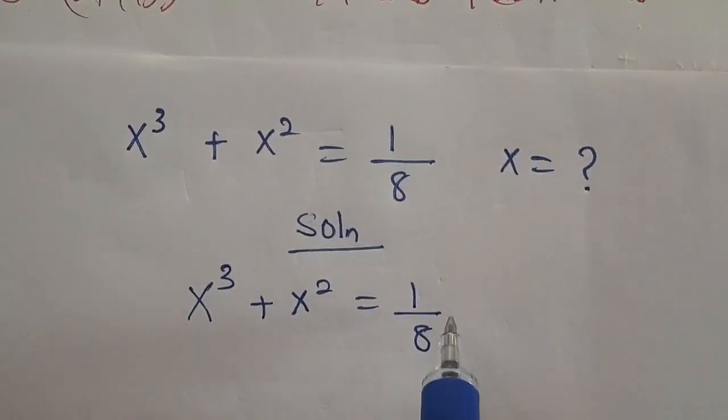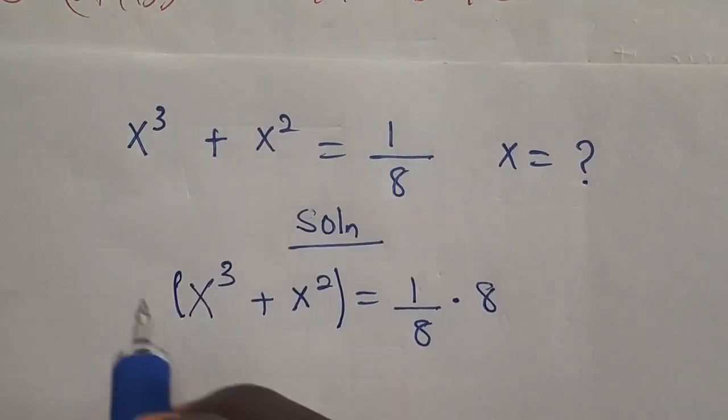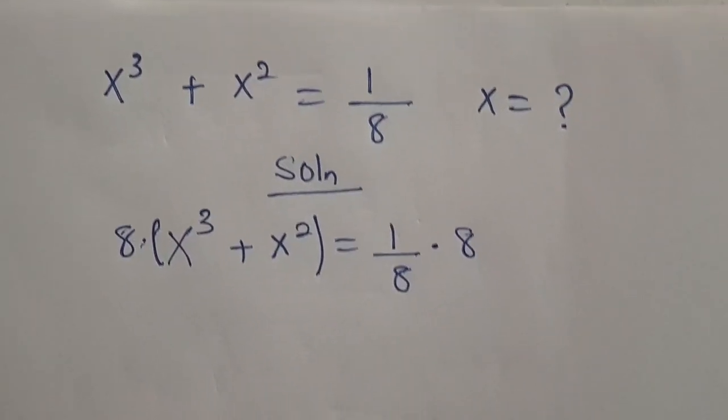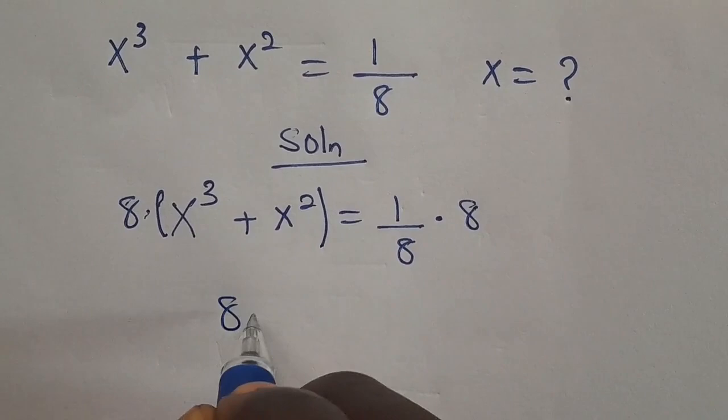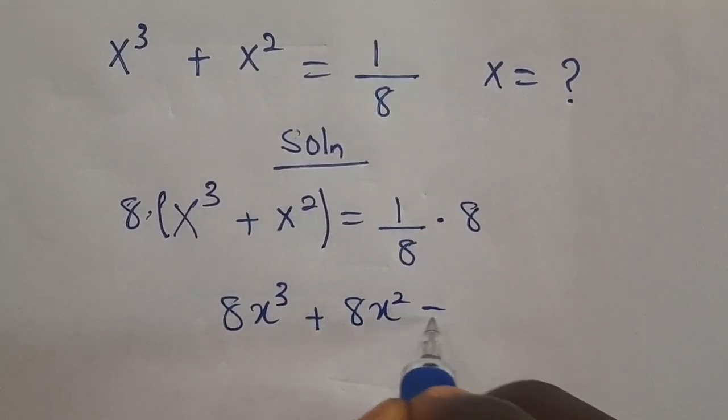Then multiply through by 8. So here we have 8x cubed plus 8x squared equals 1.